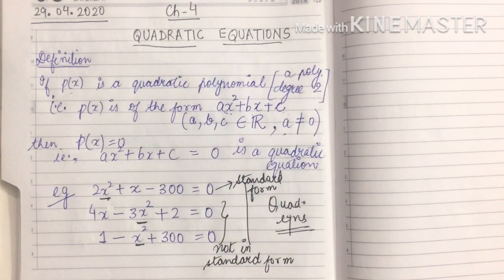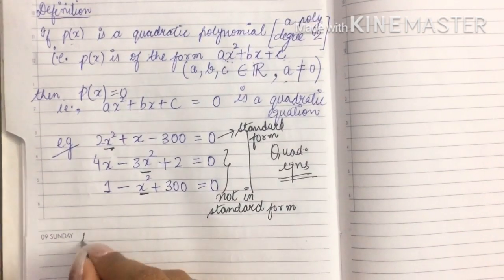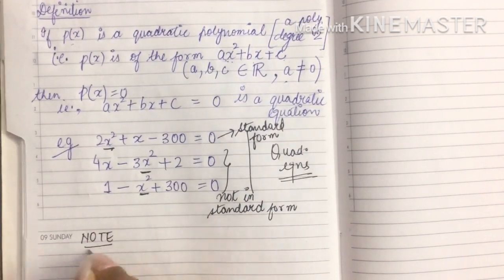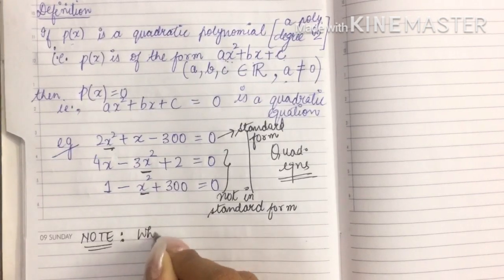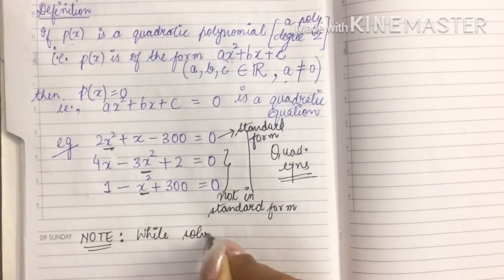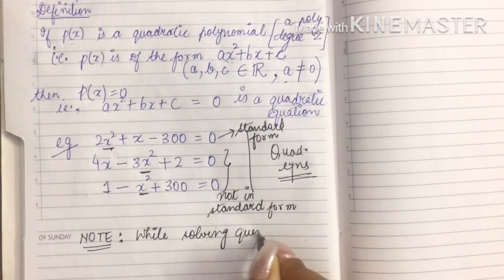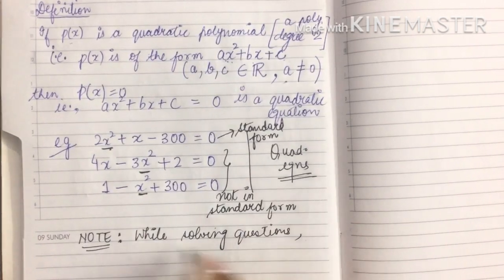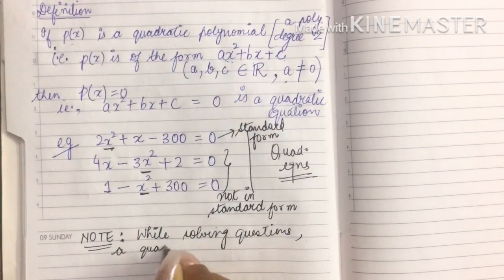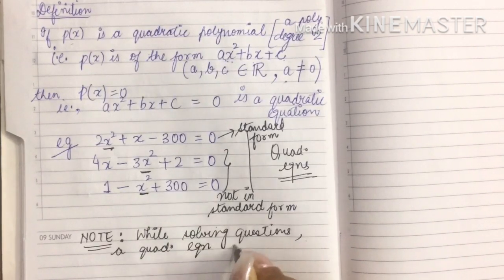So in questions, while you're working, it's important that you express your quadratic equations in standard form. So note that down. While solving questions, a quadratic equation must be in standard form.